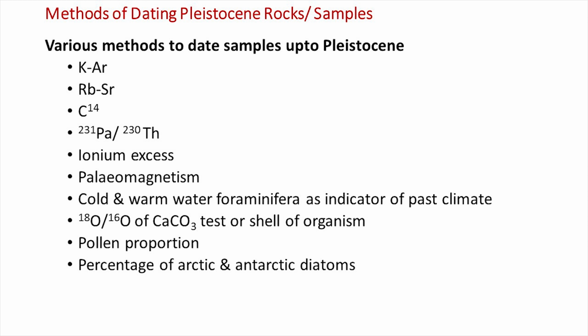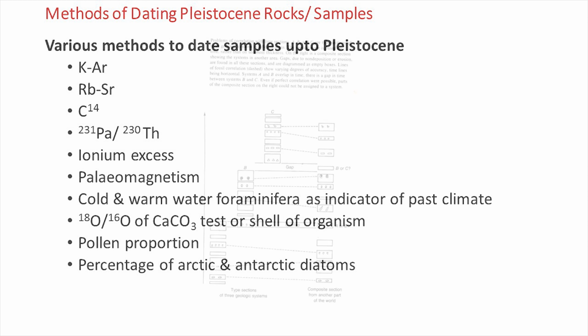These are potassium argon method, rubidium strontium method, carbon 14 dating technique, protactinium 231 and thorium 230 ratio technique, ionium excess method, paleomagnetism method, cold and warm water foraminifera as indicator of past climate, ratio of O18 to O16 of calcium carbonate test or shell of organisms, the pollen proportion, and the percentage of Arctic and Antarctic diatoms.